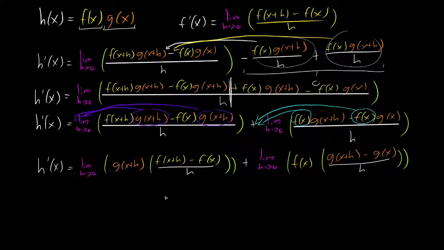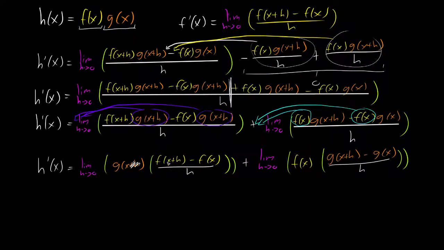Okay, now we can finally take the limit and watch what happens. When we take the limit on this expression, h goes to 0, so this h disappears and we're just getting g of x. Over here, it looks a bit fancy, but this is just the definition of the derivative.